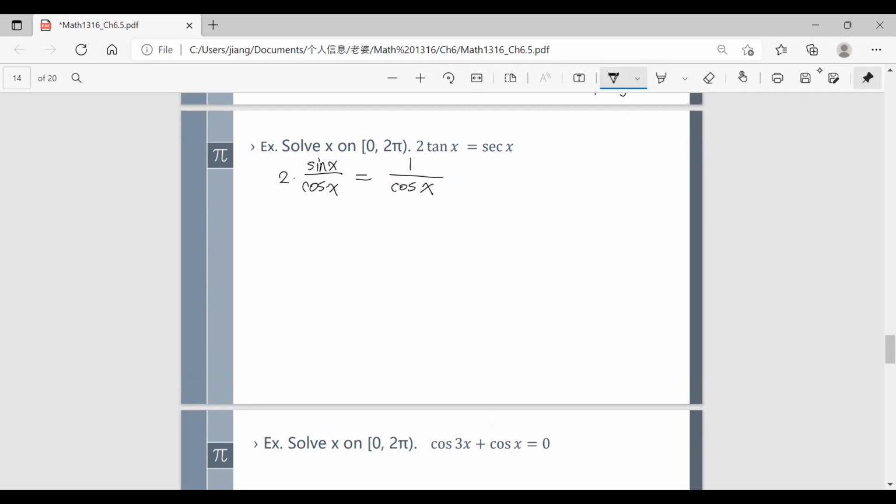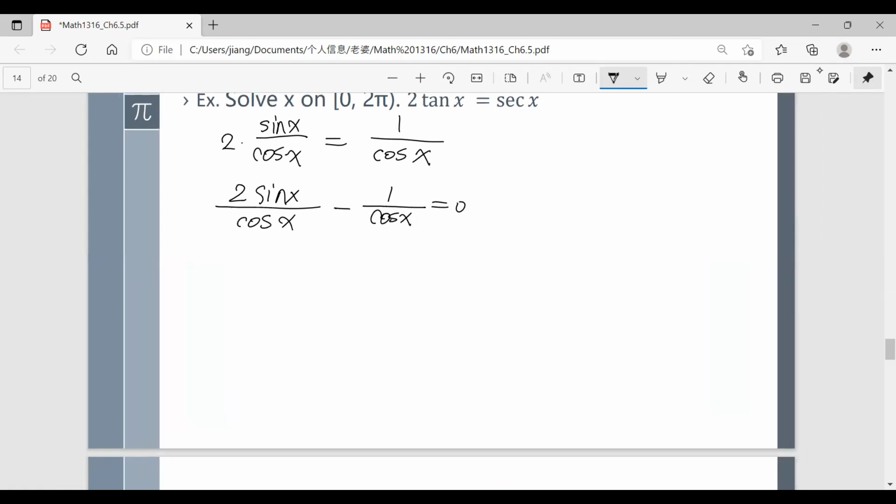They both have the same denominator, so I can combine them together. 2 times sine x over cosine x minus 1 over cosine x equals 0. So same denominator, cosine x. 2 sine x minus 1 equals 0.